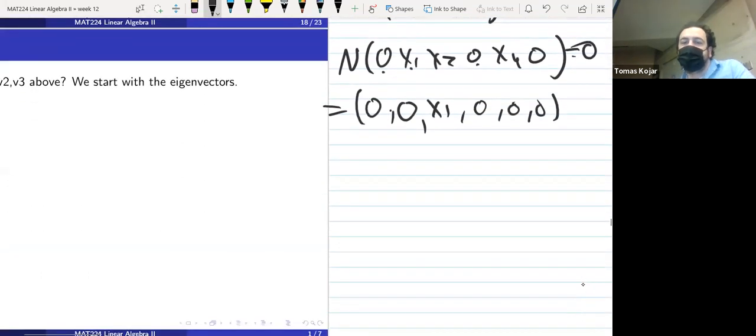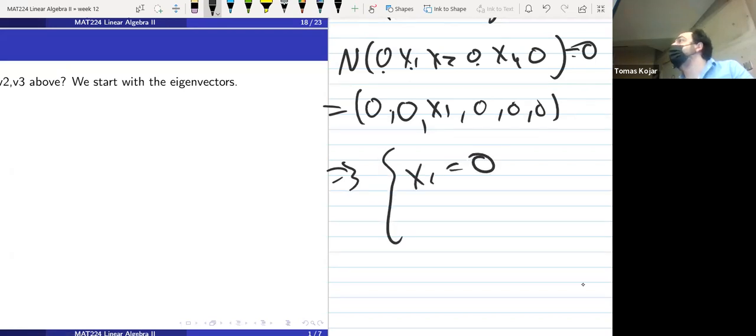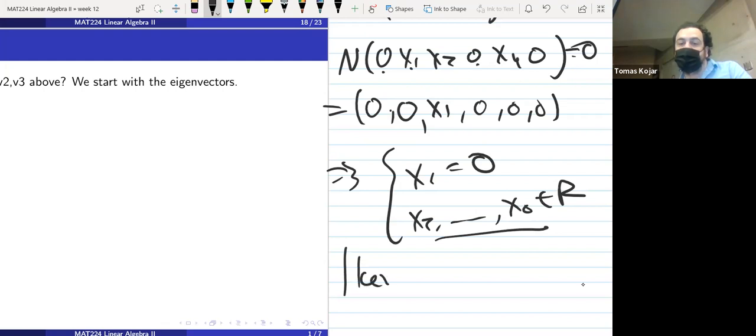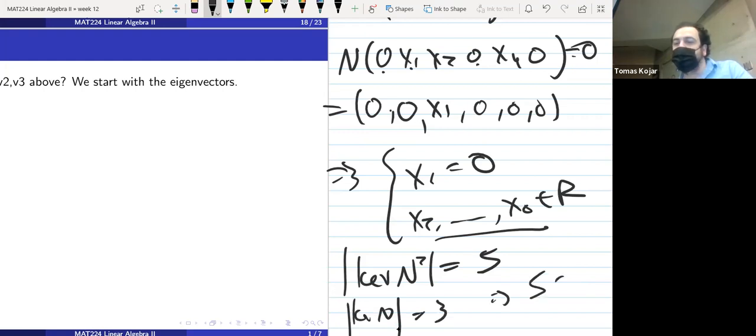That means x1 is 0, and everybody else is a real number, but there's 5 of them. So the kernel of n squared is 5. The kernel of n is 3. So the number of boxes will be 2. Okay, so that's how you do it in practice.